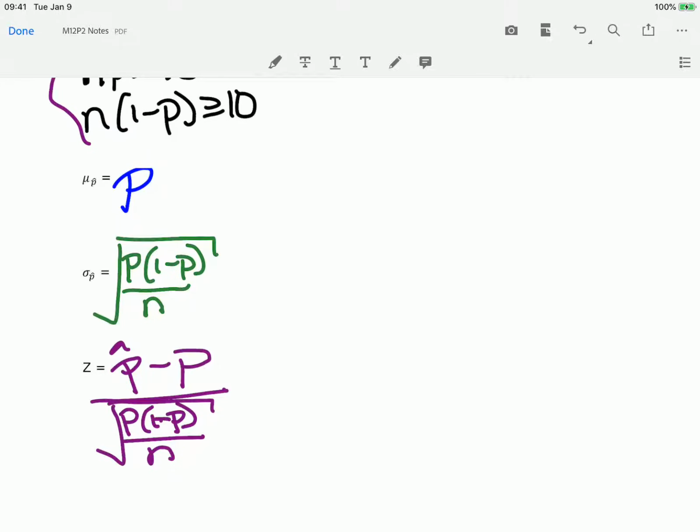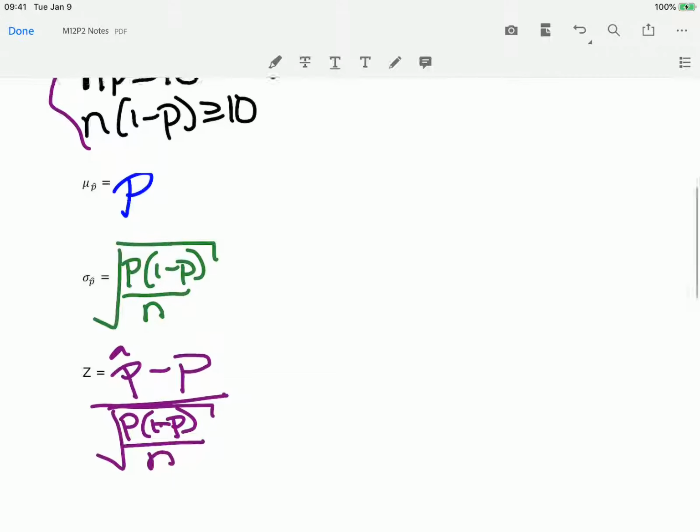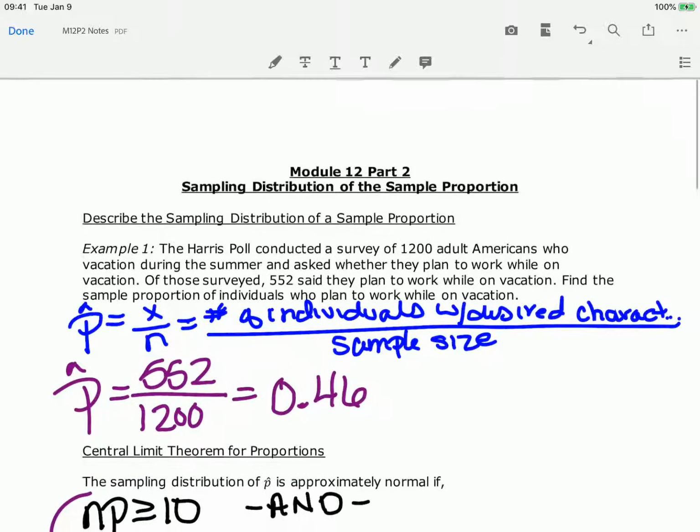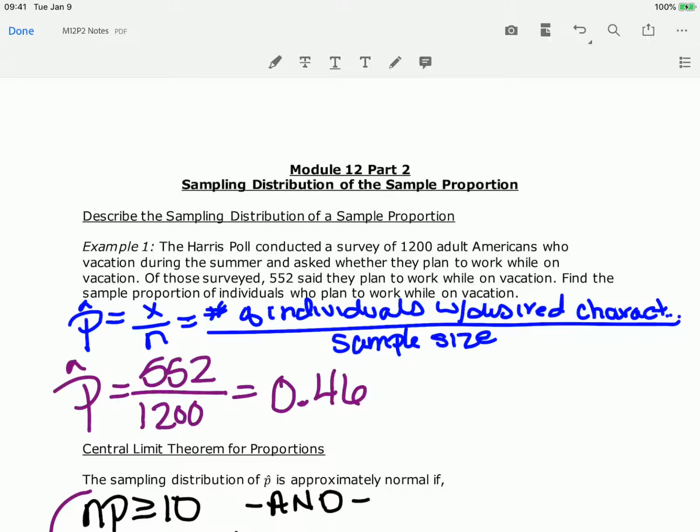Okay, and then the mean, the standard deviation, and the z-score equation for proportions. And just remember that all of these values are p, except for in the z-score equation is where we finally see p hat, where p hat is for the sample, and p is the proportion for the population. So that concludes Module 12, and that's it.